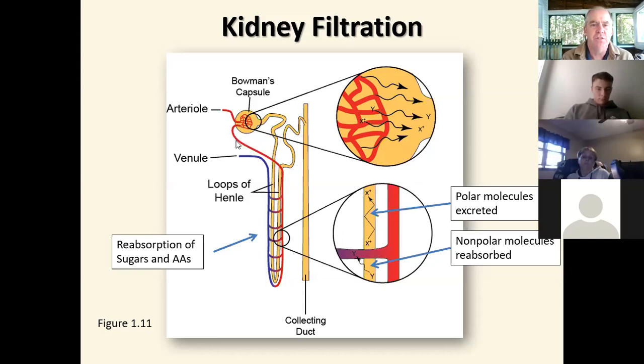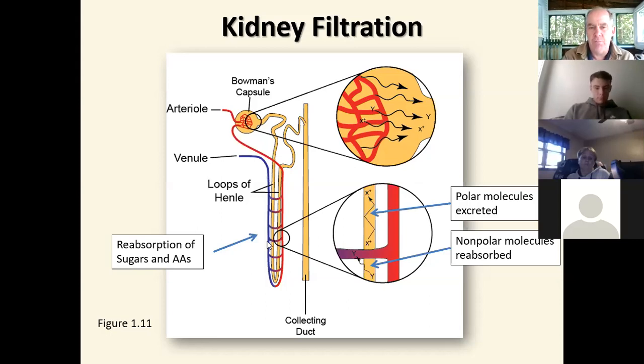This arteriole is going to come back over here, and in this descending loop of Henle, you will have reabsorption of the things that your body wants, okay? So amino acids and sugars will be dumped out, but then they'll be specifically reabsorbed. So everything that's going to come back into your body will be specifically reabsorbed in these loops.